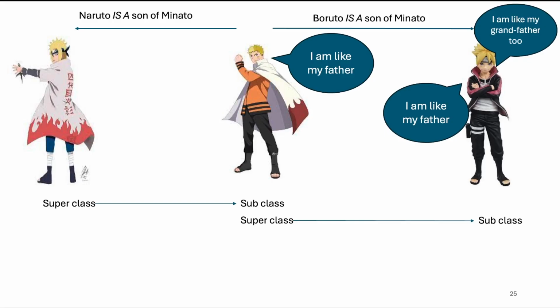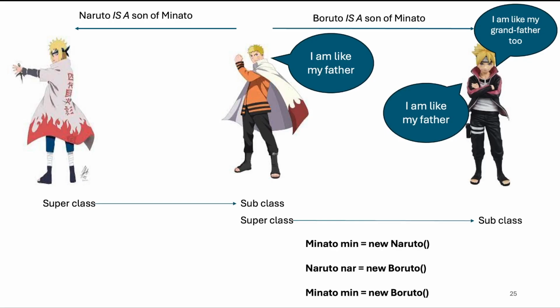When we convert this behavior into object oriented programming, we can say like this: a Minato object can have a new Naruto object, because Naruto's behavior is somewhat influenced by Minato.